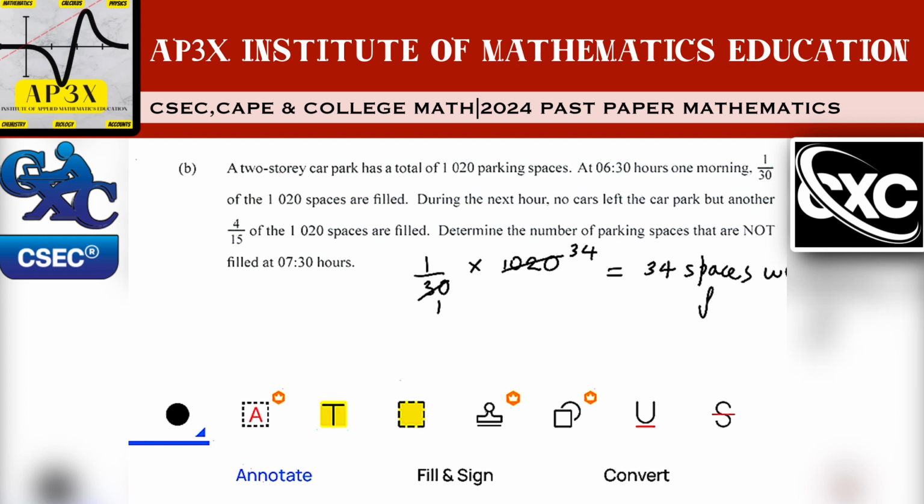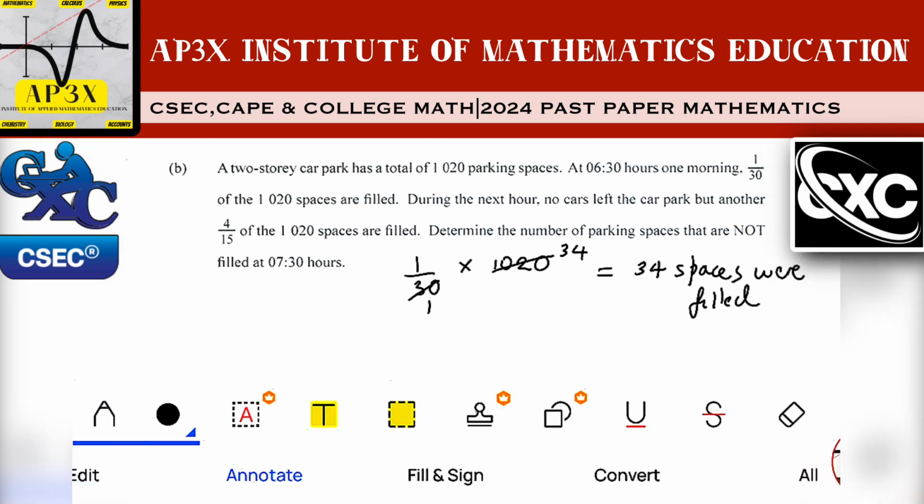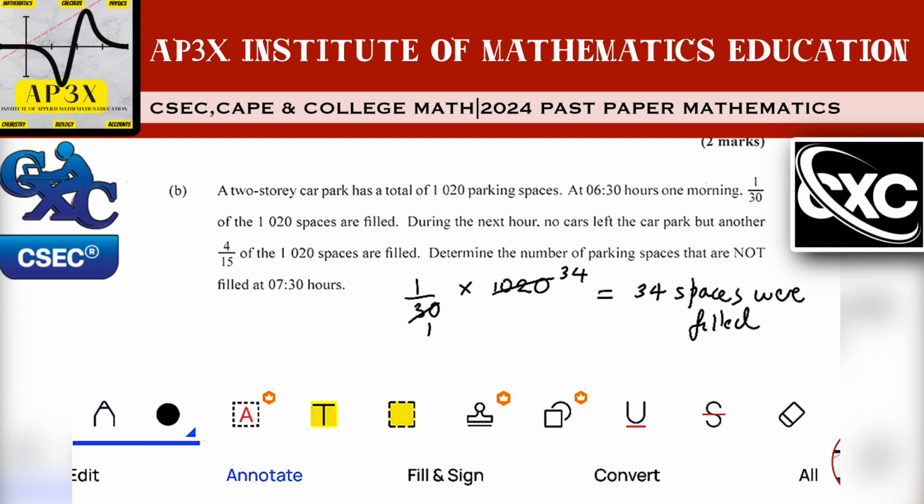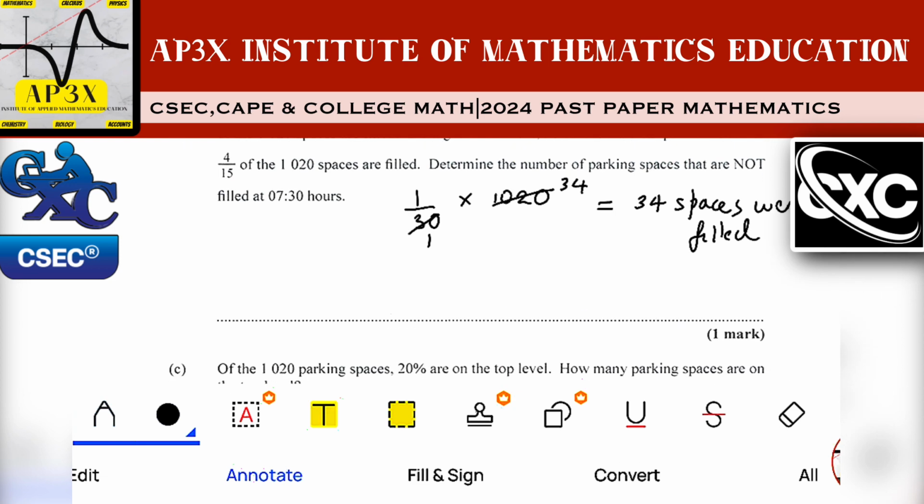All right, beautiful. Let's have that written down there. And so from the 34 spaces, we went on to say, during the next hour, no cars left the park. However, another 4/15 of the spaces are also filled. So it's 4/15 of the 1,020. So that's 4 over 15 multiplied by 1,020.